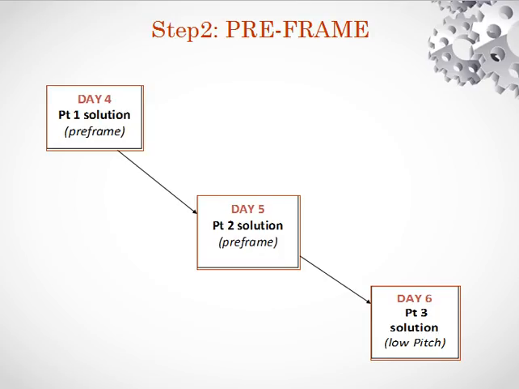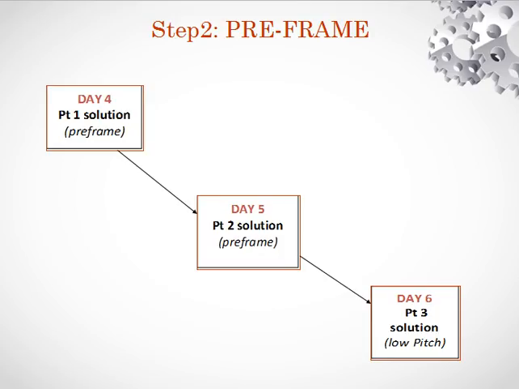They keep expecting something for the next day, right? And then on day 4, you present part 1 of the solution, and you present it in such a way that it contains features of the product that you are preframing. So you present a solution in such a way that it preframes your core offer. Now on day 5, you give the second part of the solution, and it preframes the core offer also, right?